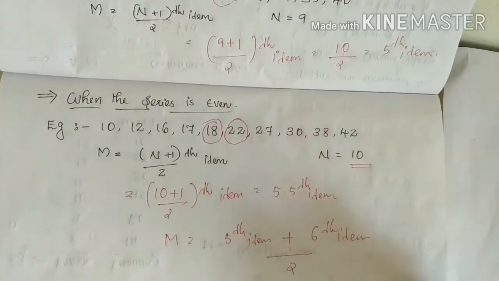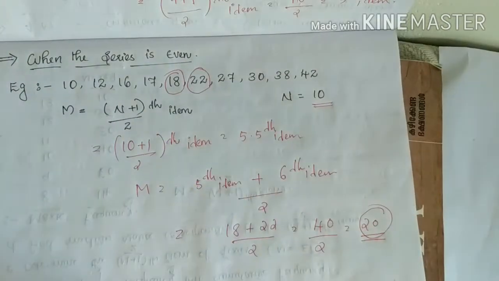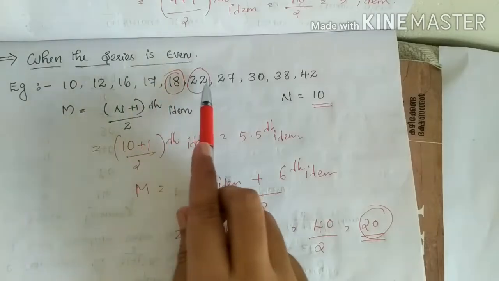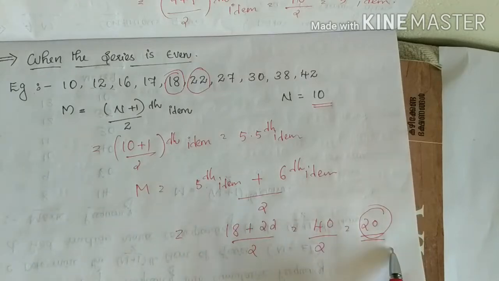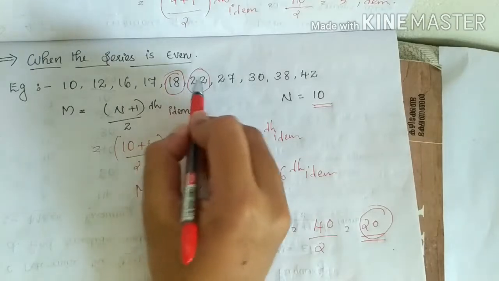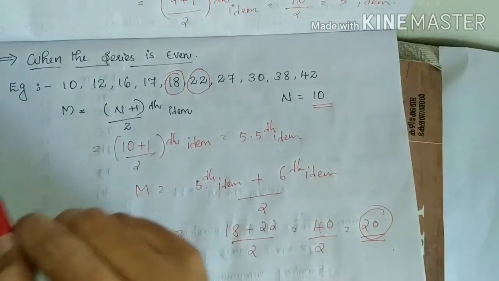The value of median is 20. That is, the median value lies in between this region, that is 18 to 22.